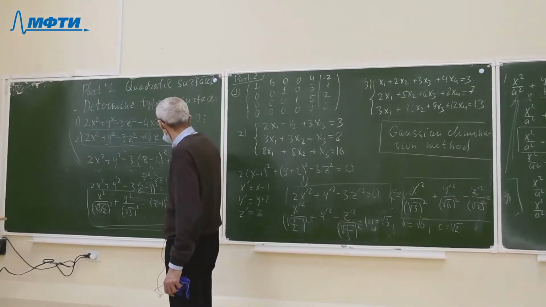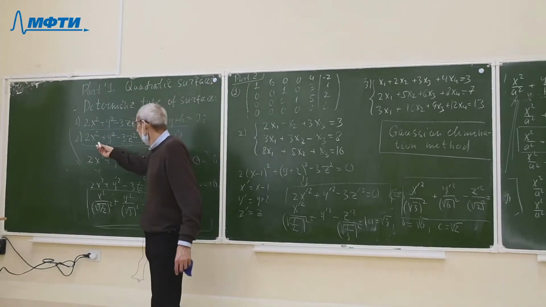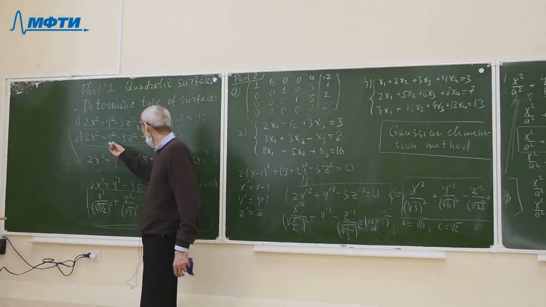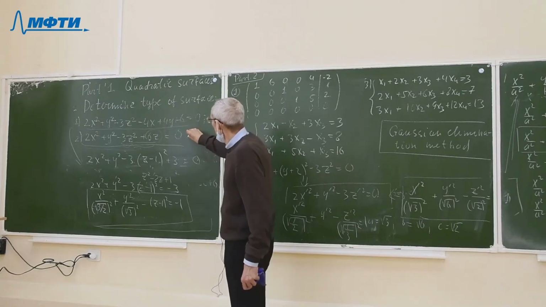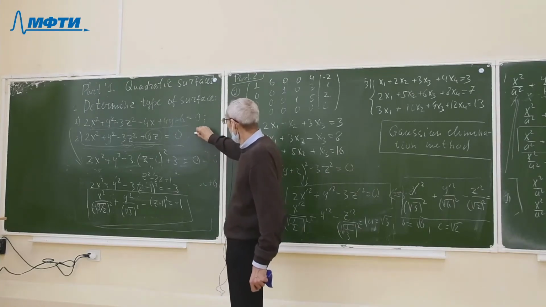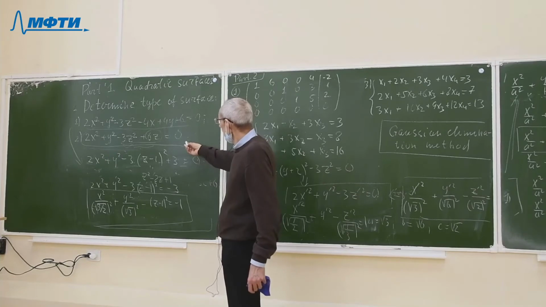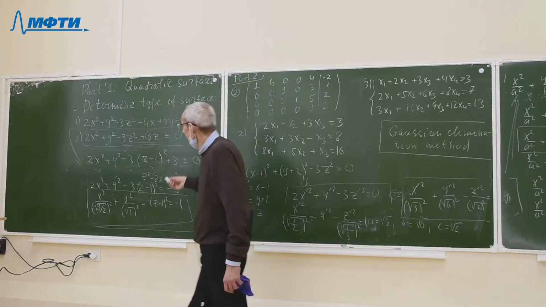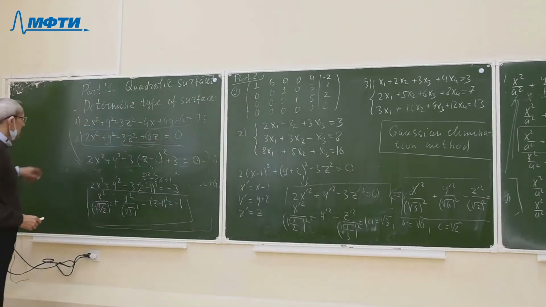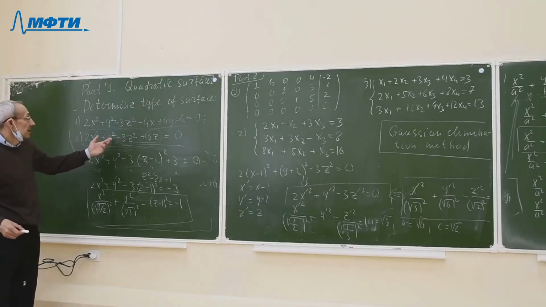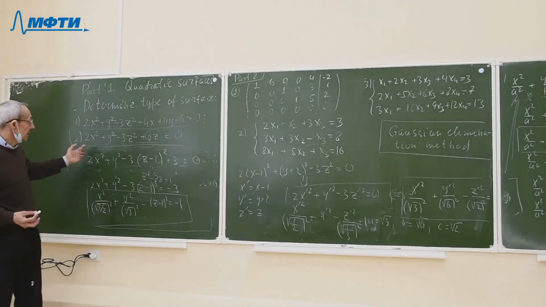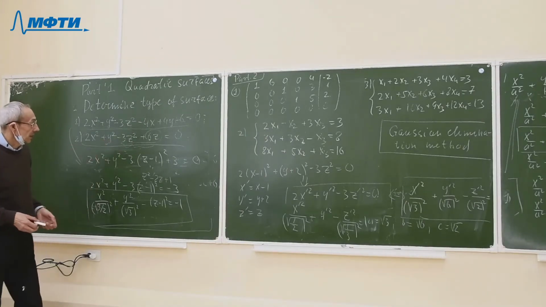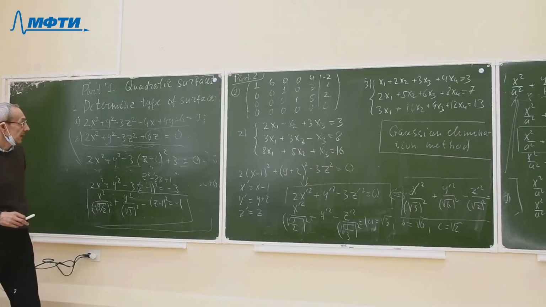We can see that in cases 1 and 2 we have, from the first point of view, the same equation. We have the same quadratic term, and the difference is only the linear term, but the surfaces which define this equation are different.